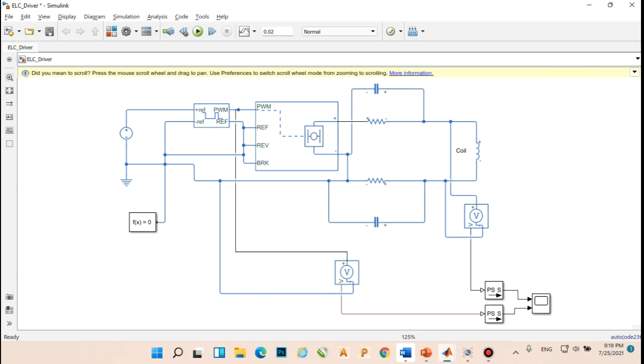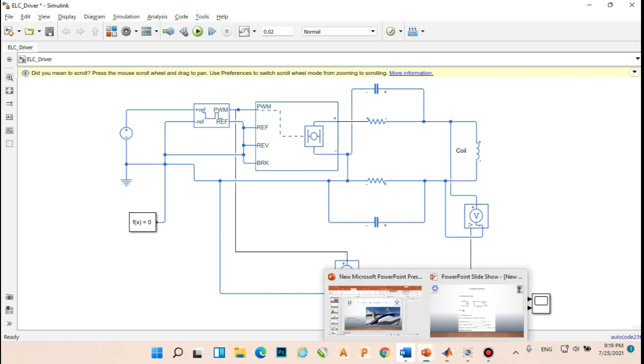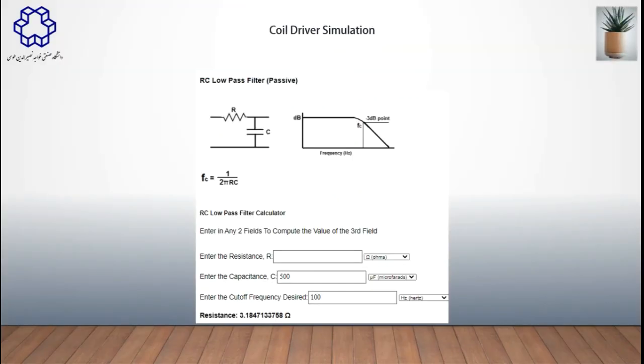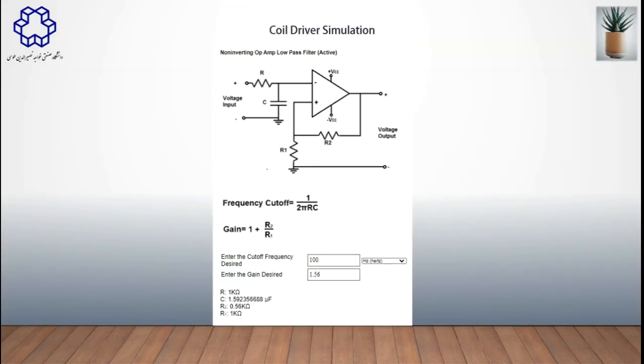We can use an op-amp for the low pass filter signal. As you see, we have a non-inverting op-amp circuit. Simple equation: frequency cutoff.